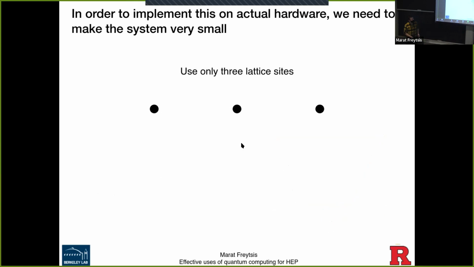Okay, but then we wanted to run at least some basic toy version of this calculation on real world hardware. And in order to do this, given how much is available, we have to make the problem very, very small. So this is very far away from the field theory limit, but at least it is an actual quantum mechanical system.